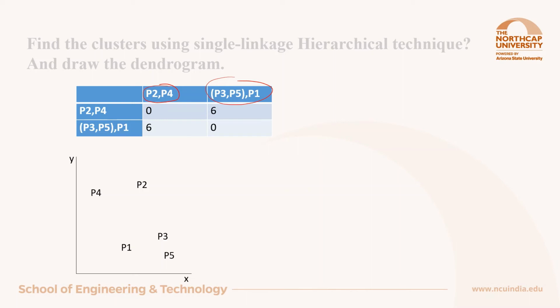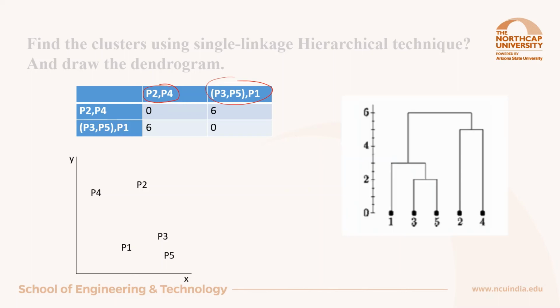Now the task is to draw the dendrogram. So you will have to mark all the individual clusters at the bottom. Then at the very first instance, we merged points 3 and 5 together because these were the two closest points at a distance of 2. After this, we merged this with point P1. So here is the point P1, which is merged at a distance of 3.